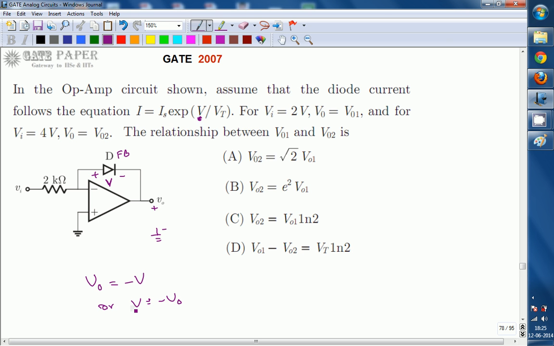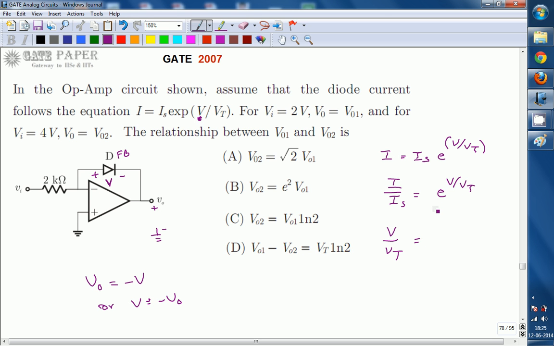Now we can express V. From the given equation, the current flowing through the diode I is equal to Is times e power V by Vt. From this we can write I by Is is equal to e power V by Vt. Take natural logarithm on both sides, and the e cancels.